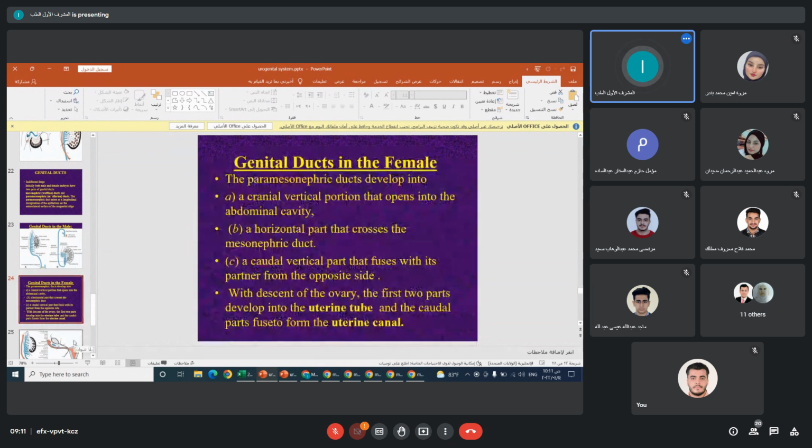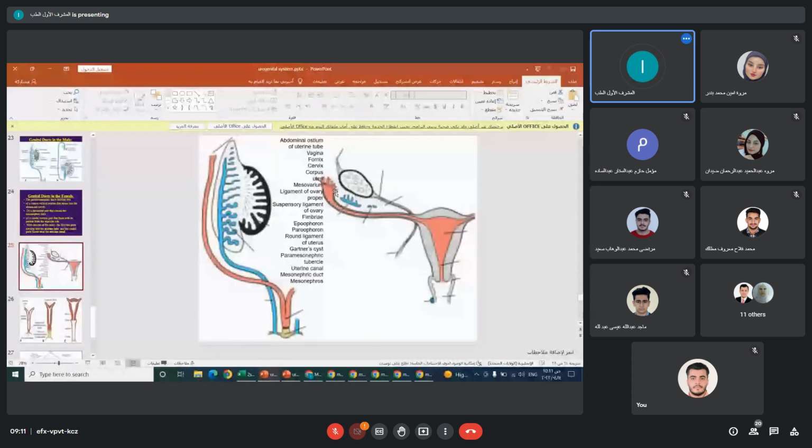Here we have three parts of the paramesonephric duct: cranial vertical, horizontal, and caudal vertical. You can see this is the cranial vertical, this is the horizontal, and this is the caudal.